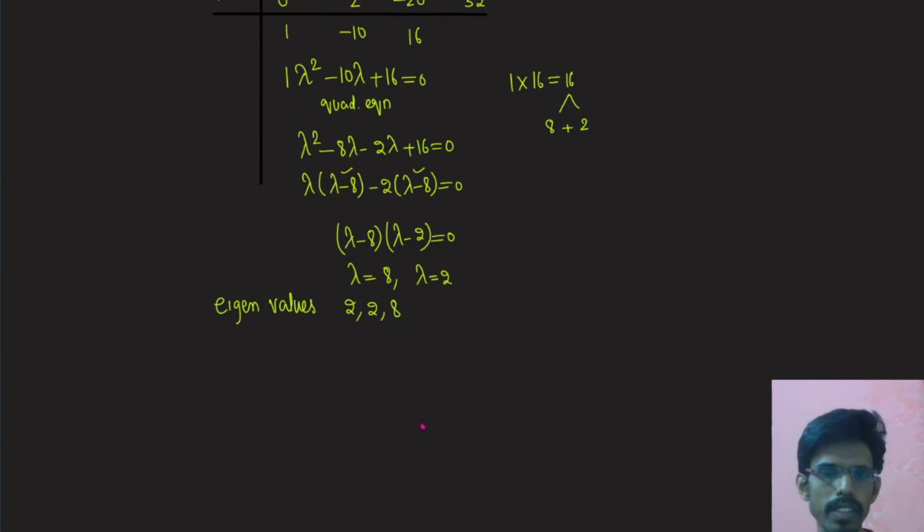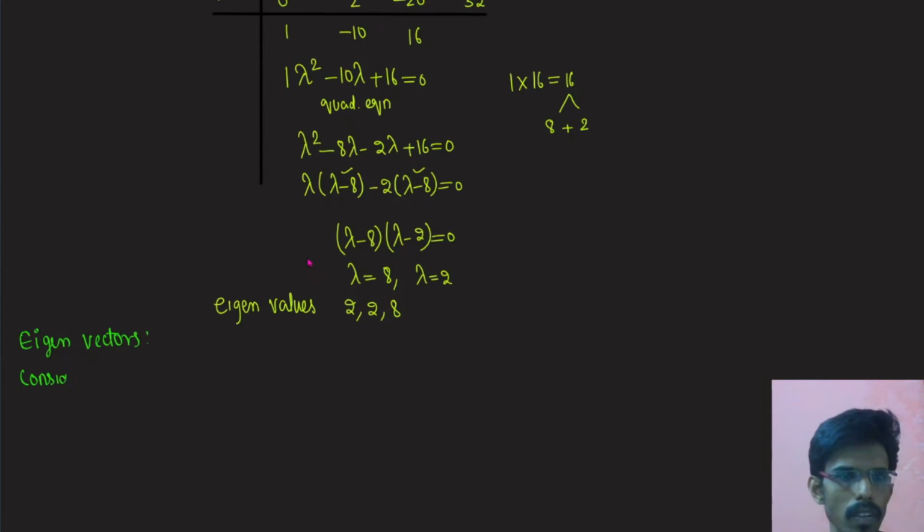Now we want the eigenvectors corresponding to these eigenvalues. For eigenvectors, we consider the system. Which system? (A minus lambda I) times X is the null matrix.